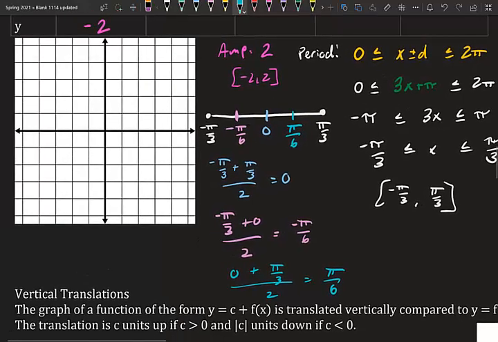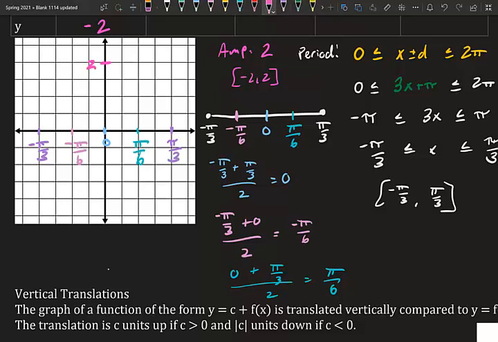So now we have our values. We have negative pi over 3, negative pi over 6, 0, pi over 6, and then pi over 3. And we know our amplitude is 2.